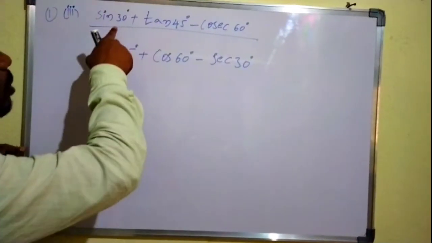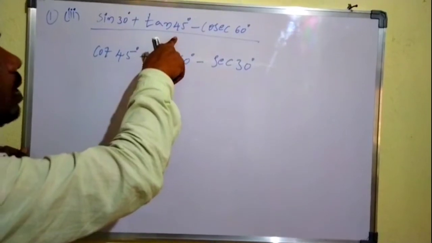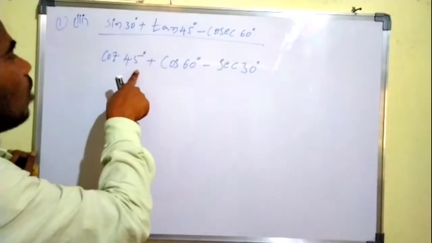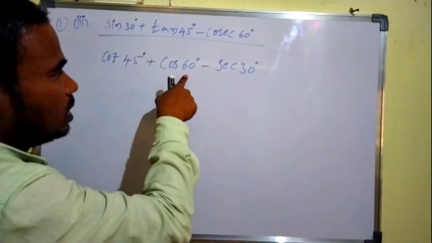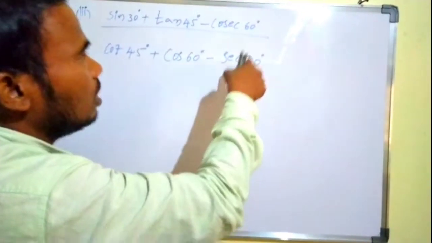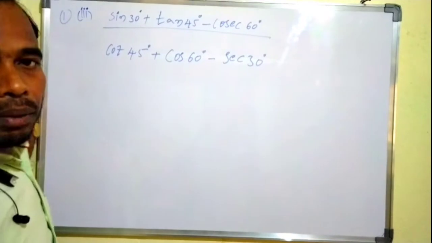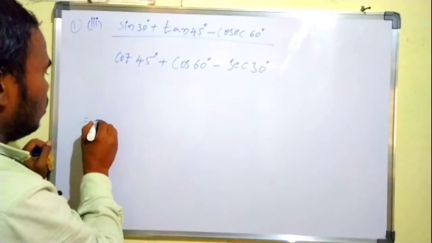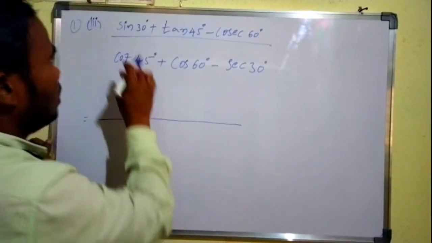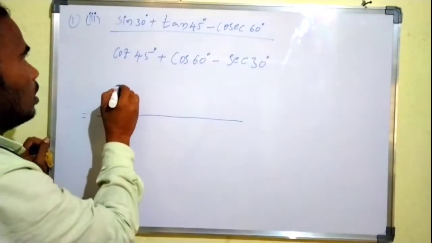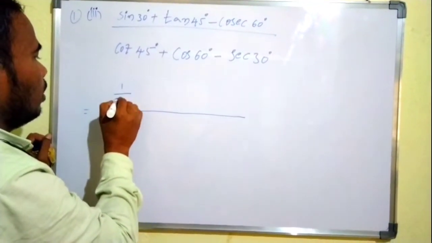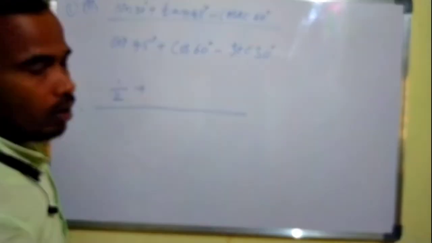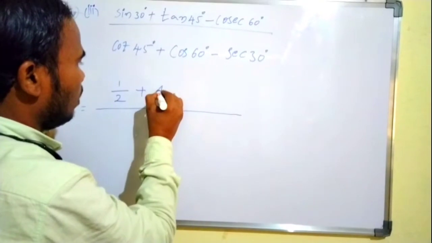Now the third problem: sin 30 plus tan 45 minus cosec 60 upon cot 45 degrees plus cos 60 degrees minus sec 30 degrees. These values you can take from the trigonometry table. Sin 30 degrees is equal to 1 by 2, and plus tan 45 value is 1.